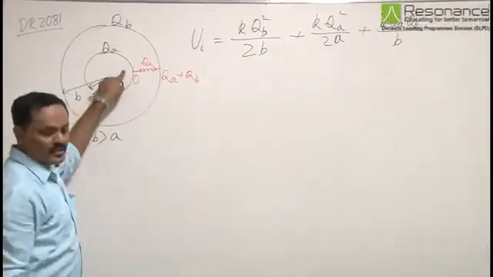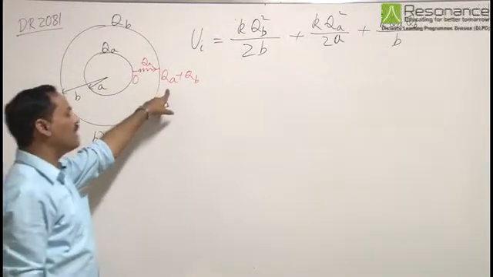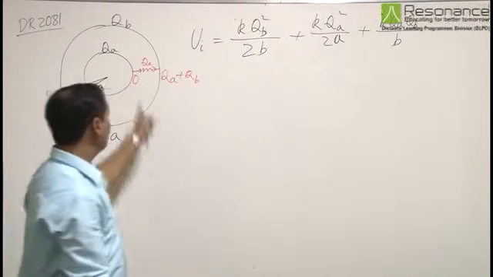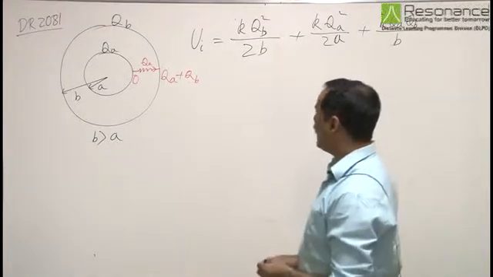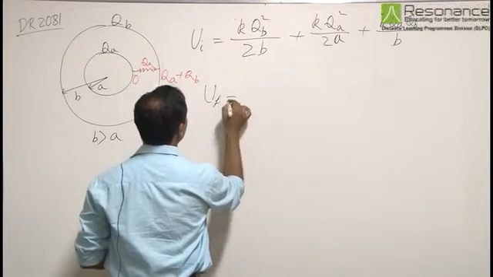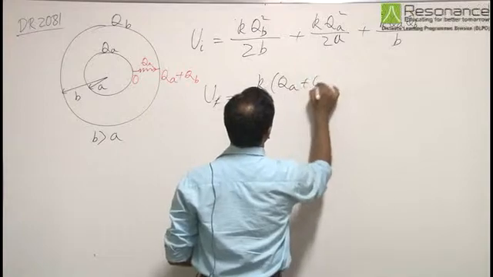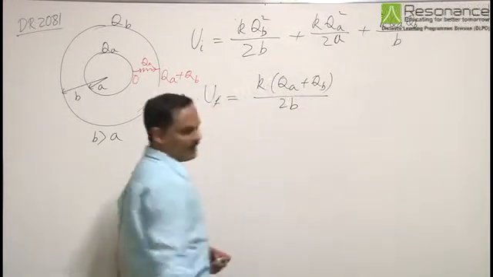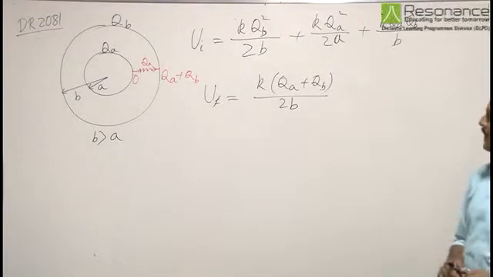So the answer to the first part is: the charge on the outer sphere is QA plus QB and the charge on the inner sphere is 0. After this charge distribution, the final energy U final is equal to k (QA plus QB) square by 2B, stored in the spheres.